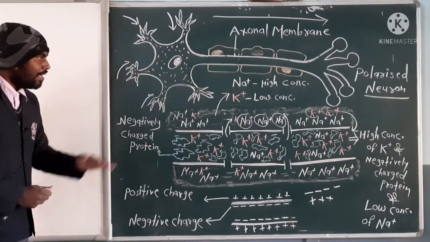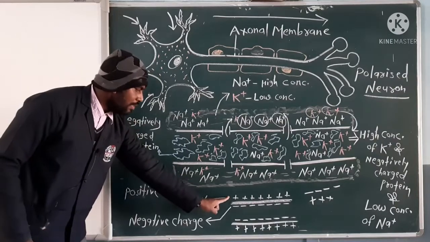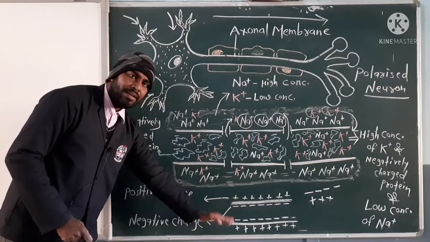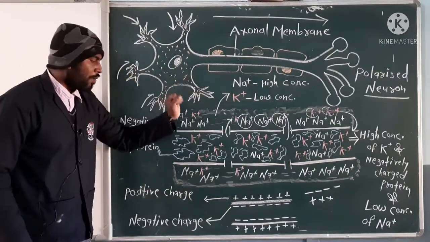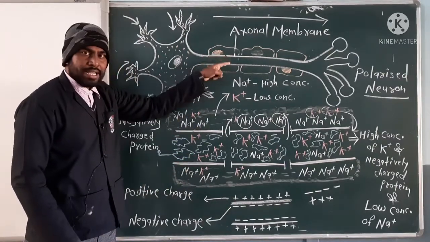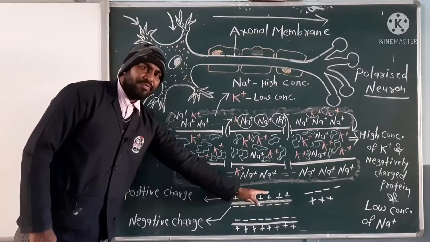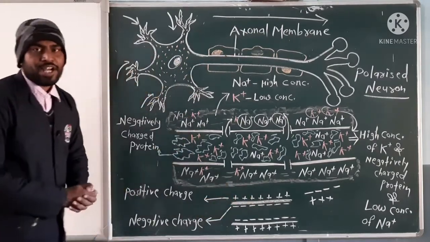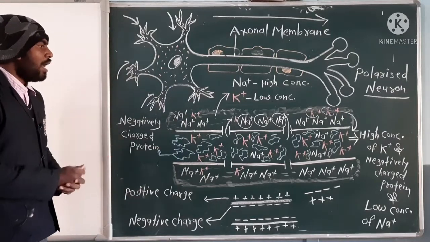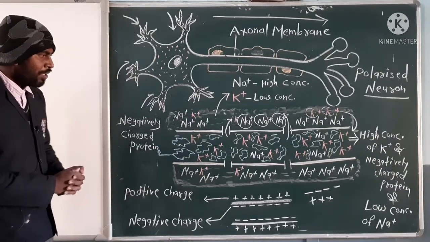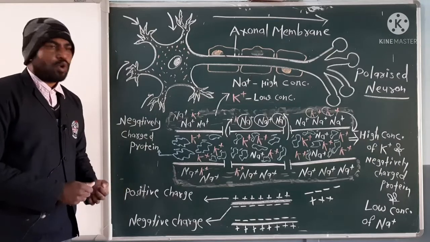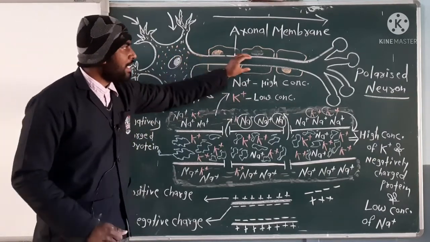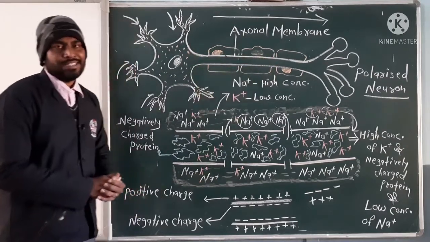In that resting stage, this is the polarity of electric ions seen in the neuron: outside the axon positive charge is present, whereas inside the axon negative charge is present. If you have this concept in good manner, then we can study the next topic, how the impulse is transported from one area to another area of the axon.